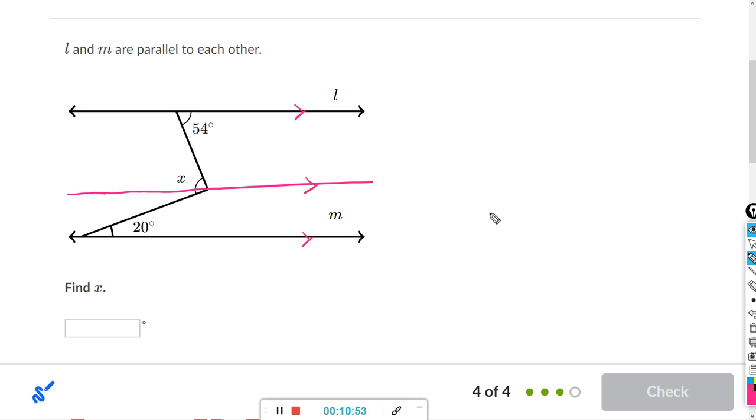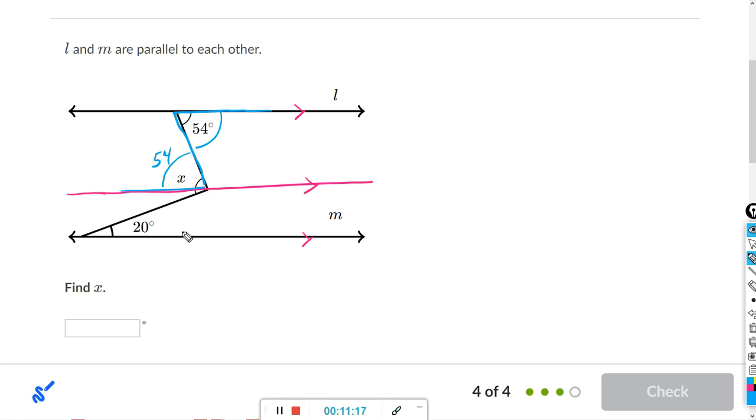All right. So again, look for the angles inside the Z. All right, we have this, this, and this. All right, so if this one is 54, this right here is going to be 54.